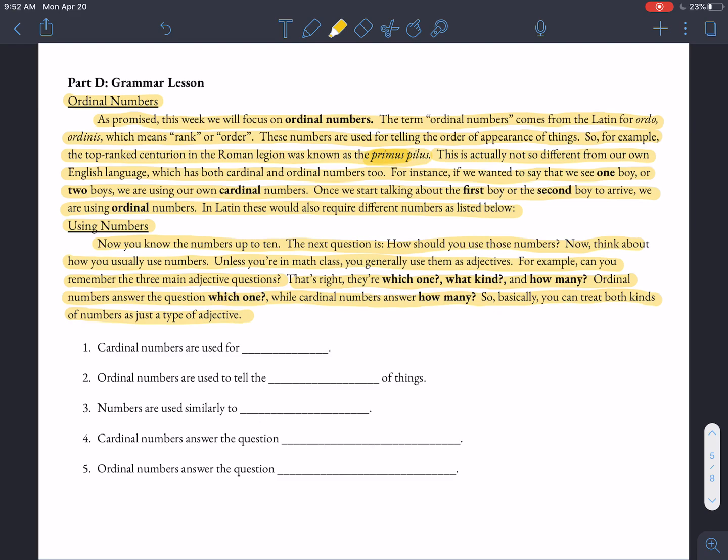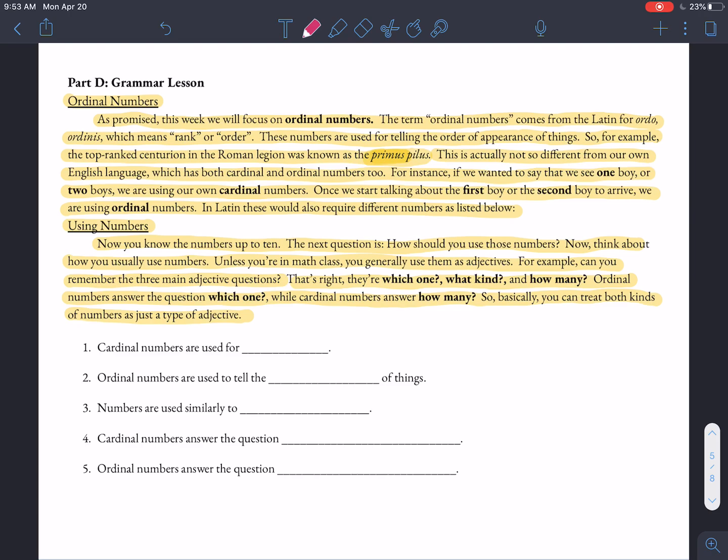Don't really worry about what that means too much right now. We're going to see some examples of it, and hopefully that will give you a better idea of what we're talking about. But let's go through our grammar questions and fill in the blanks. Number 1. Cardinal numbers are used for blank.